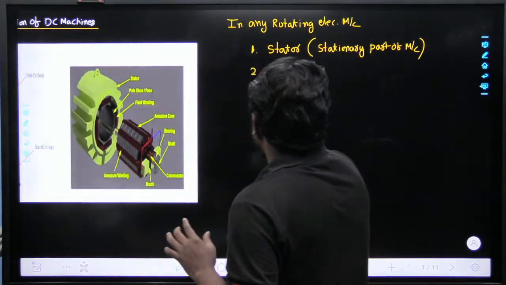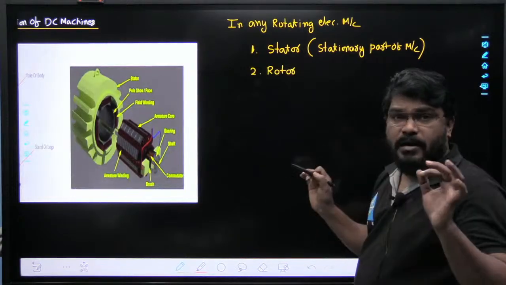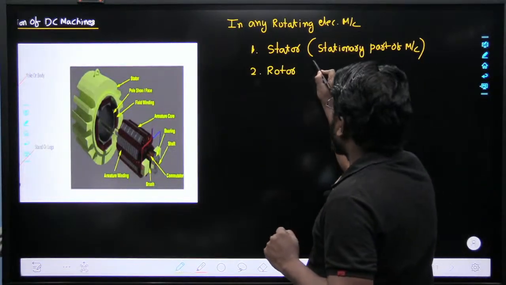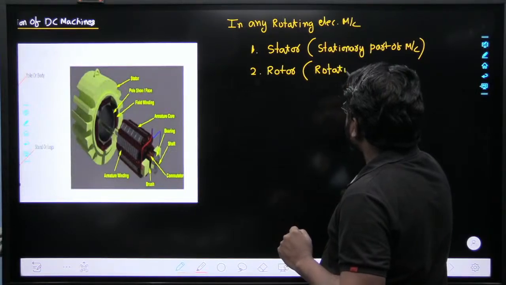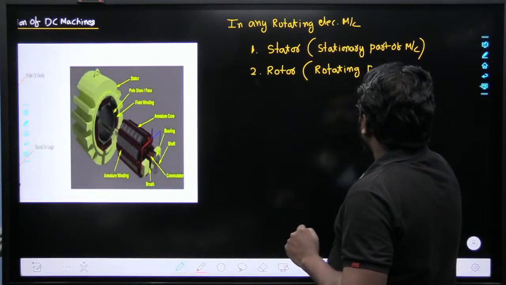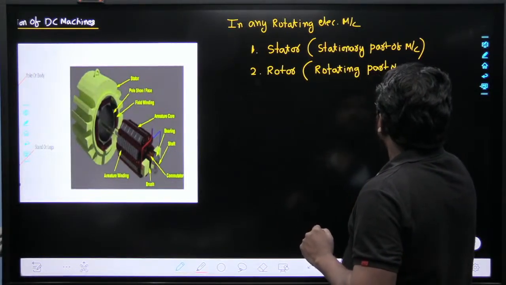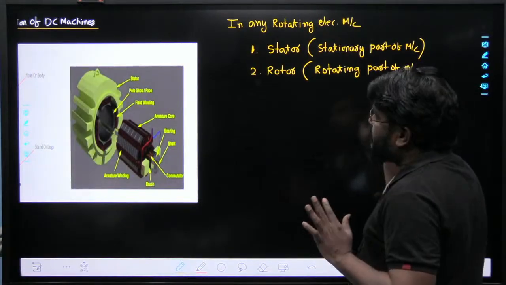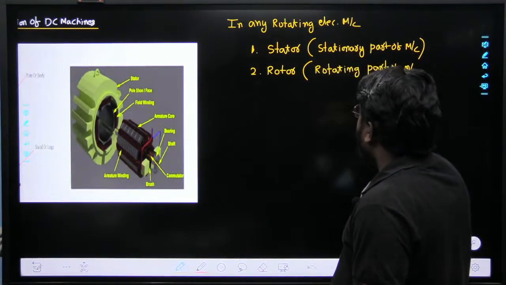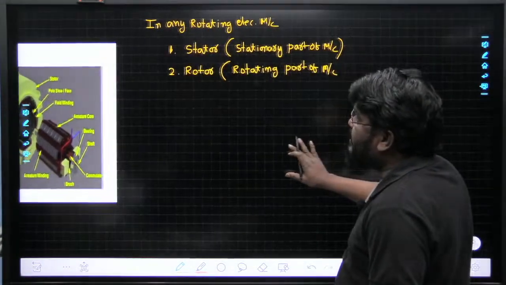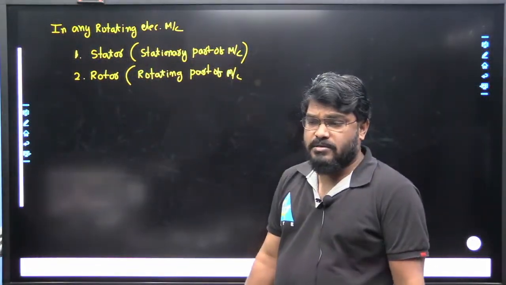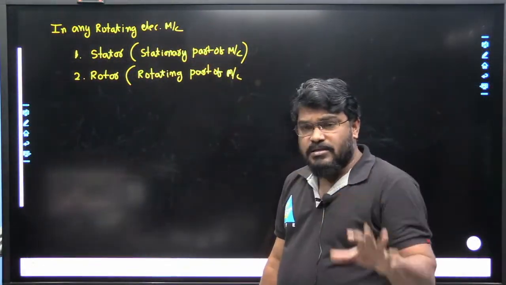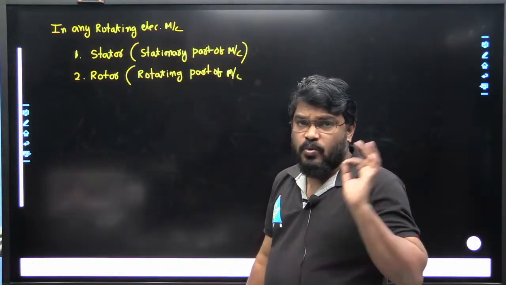The stator is the stationary part of the machine, whereas the rotor is the rotating part of the machine. Got it? The stationary part and the rotating part. So now the question is, what are the stationary parts and what are the rotating parts?